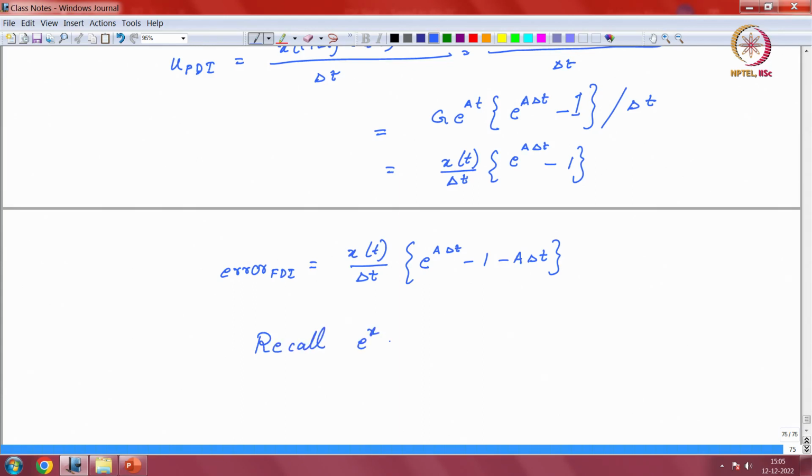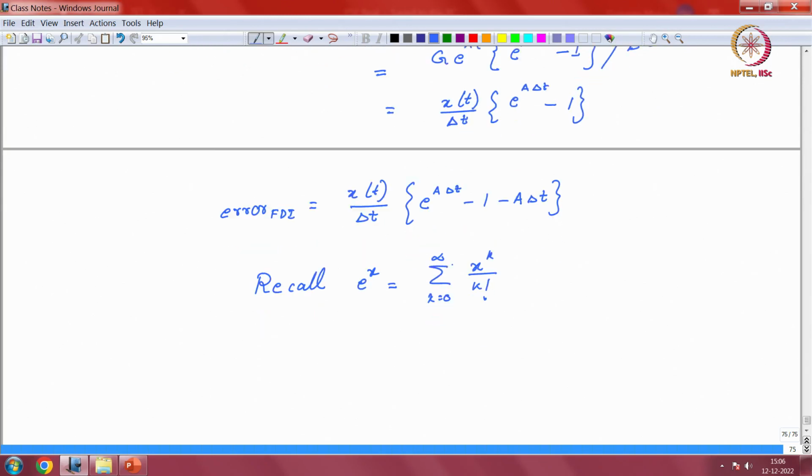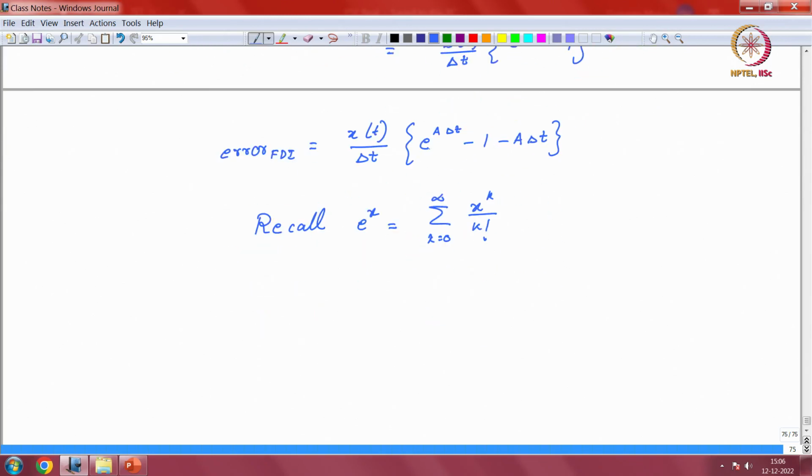e to the power x is nothing but equal to the summation, let's say some dummy variable k, which goes from 0 to infinity, x to the power k by k factorial, right? So we know how to evaluate e to the power a delta t, and the first term for this is going to be 1, the second term is going to be a delta t.